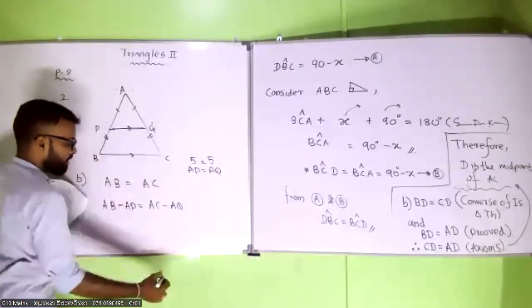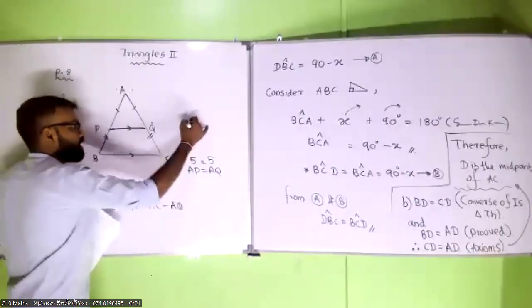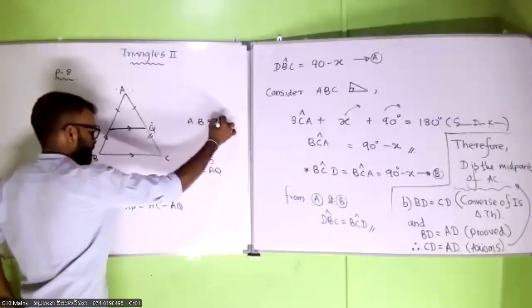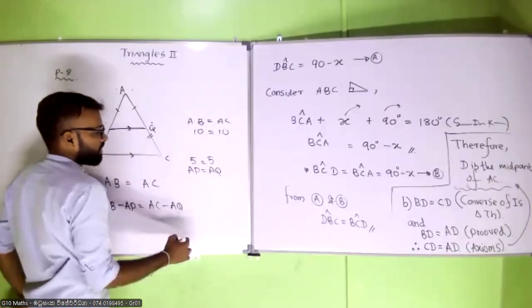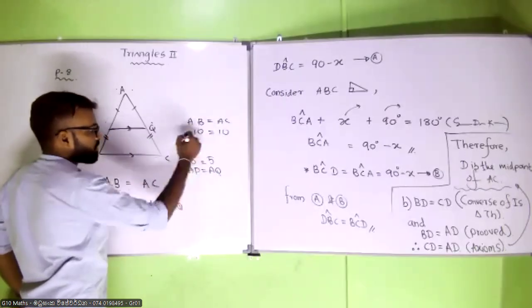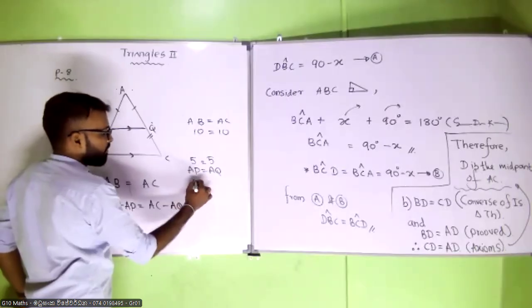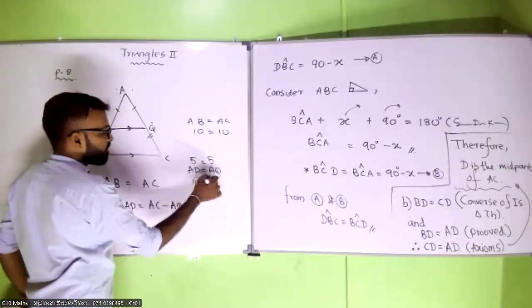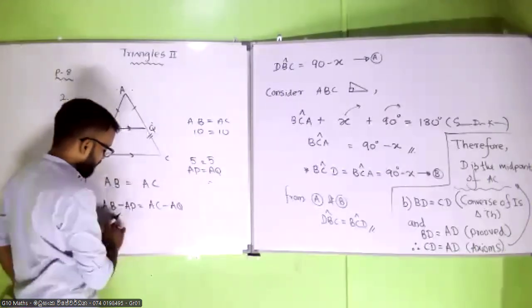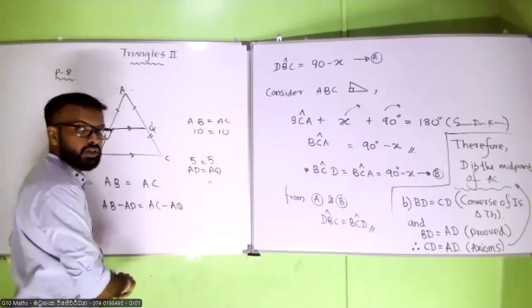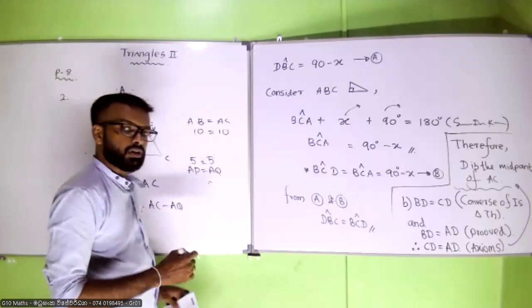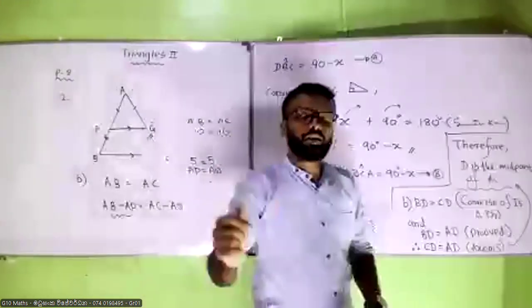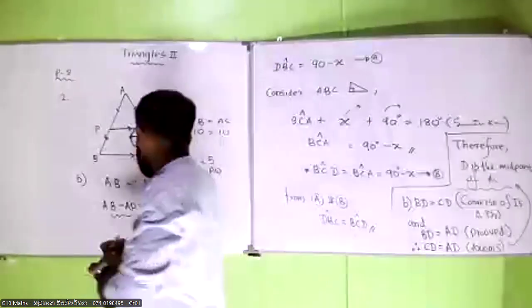Let's say AB equals AC means 10 equals 10. I am going to subtract 5 from this 10. If you subtract equal quantities from equal quantities, the final answer is also equal.